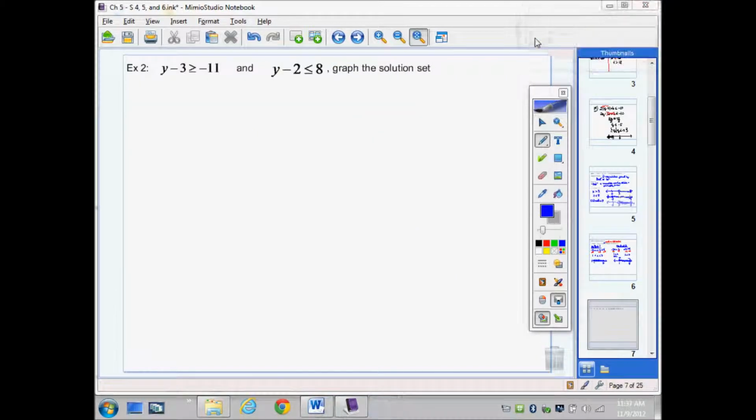And in between, because we have 2 different statements, y minus 3, y minus 2, it's not the same anything, so we graph or solve each of them separately. So I get y is greater than or equal to -8, and 2y is less than or equal to +10.